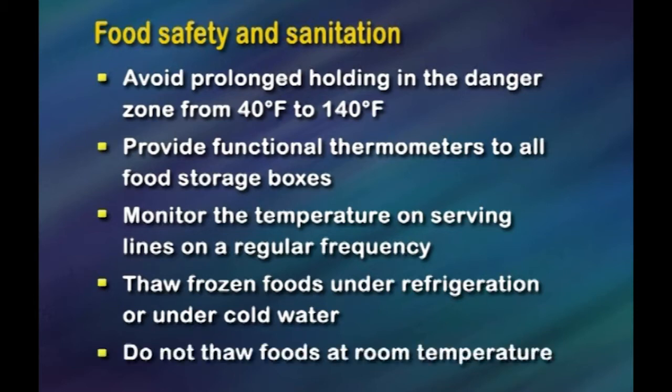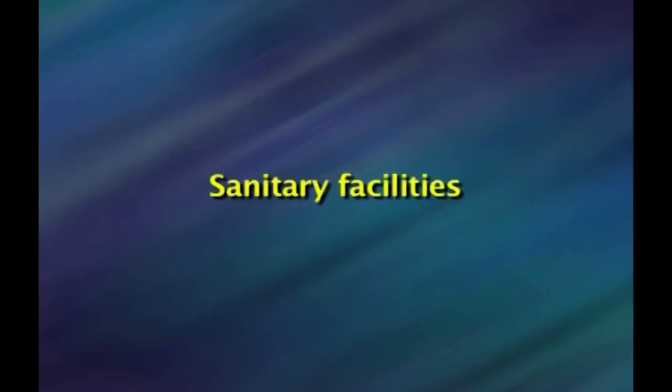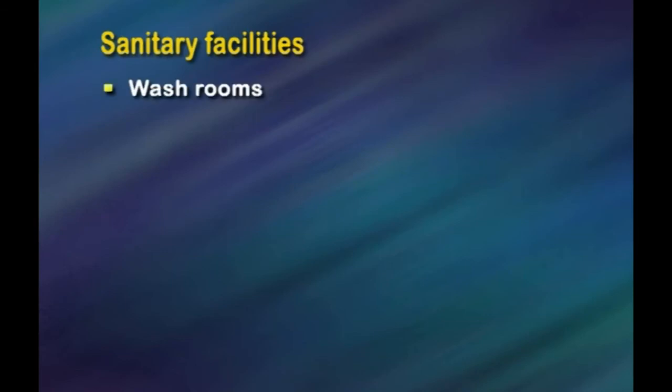Thaw frozen foods under refrigeration or under cold water. Do not thaw foods at room temperature. Now let's see about the sanitary facilities. Washrooms, lunchrooms, change rooms. Self-closing doors must be provided for all washroom facilities.